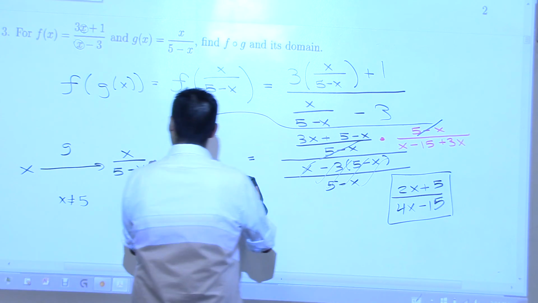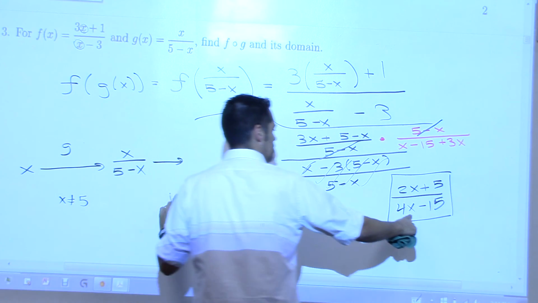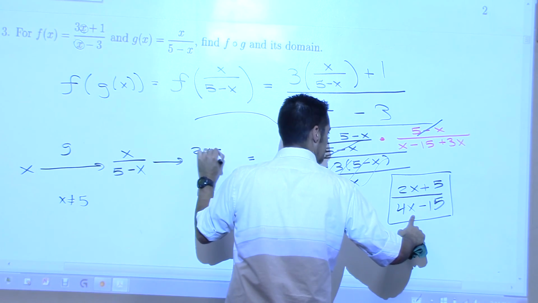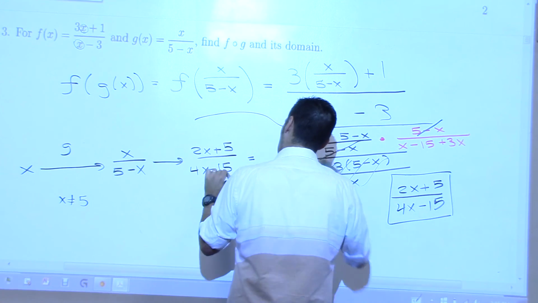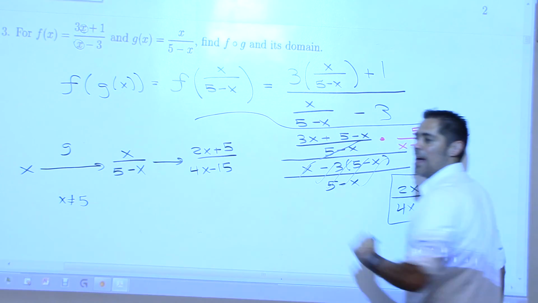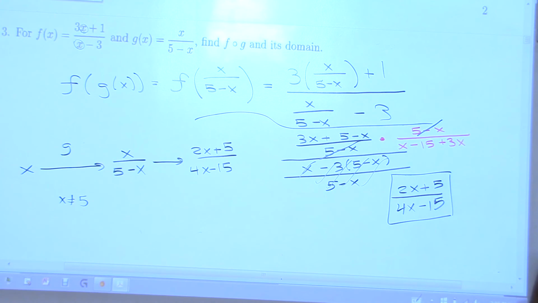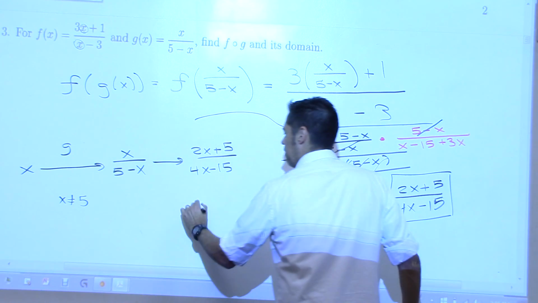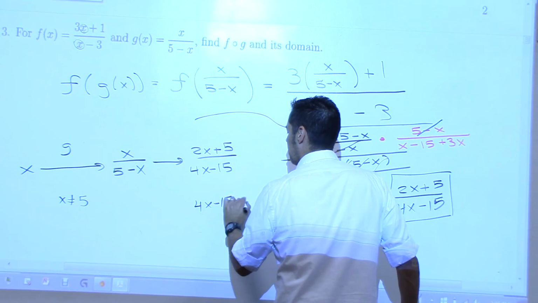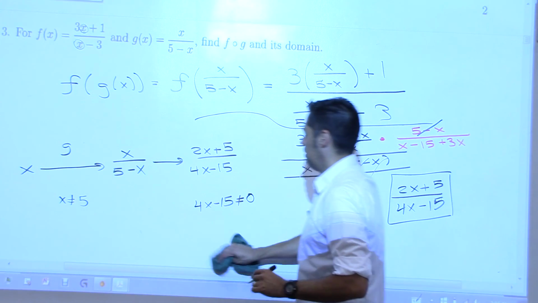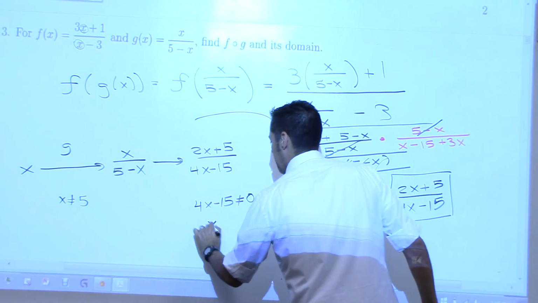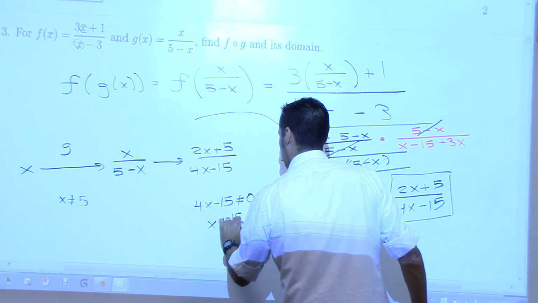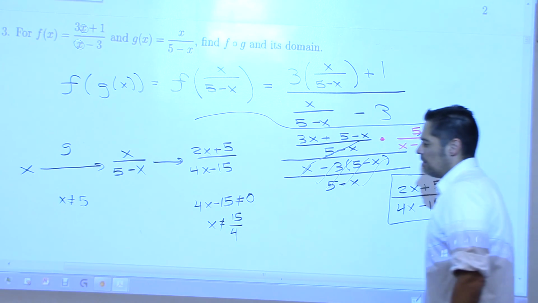Then that gets plugged in over here and turns out to be 2x plus 5 over 4x minus 15. And you know that the bottom of that can't be 0. So you can just solve for that. 4x minus 15 cannot be 0, so 15 over 4 cannot be there. I don't know what that is in normal language. It's a little less than 4.